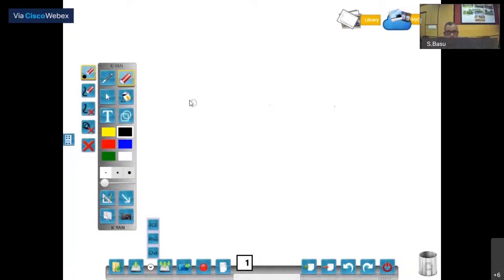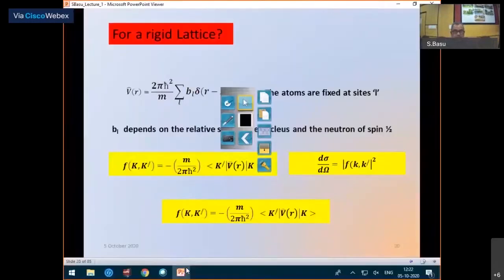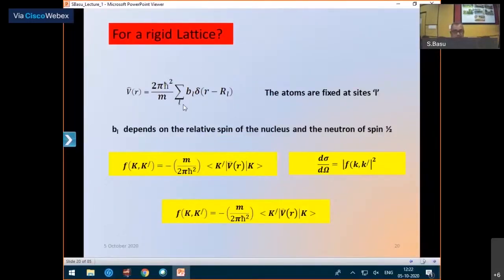For an arrangement of atoms, one particular lattice point, if I call it L, I can consider the lattice as a summation of delta functions sitting rigidly, and each site has a scattering length of b L. That means if I took it out and considered an individual atom, it would have given me 4 pi b square.